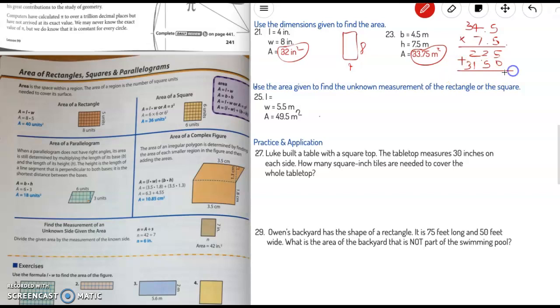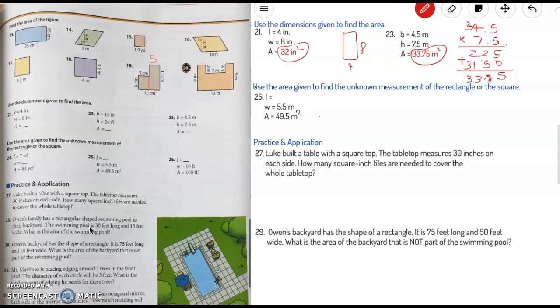Do the addition. Yep, and a decimal. Well, we have one decimal point here, right? One space, and then we have another one here. 1 and 2. So that's what we're doing. 33.75.